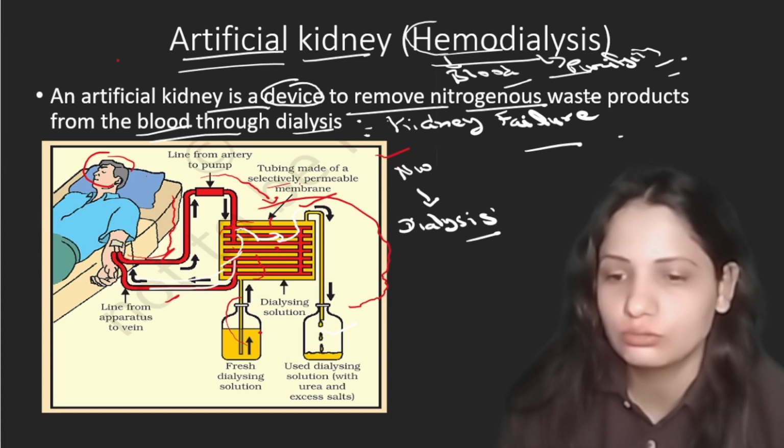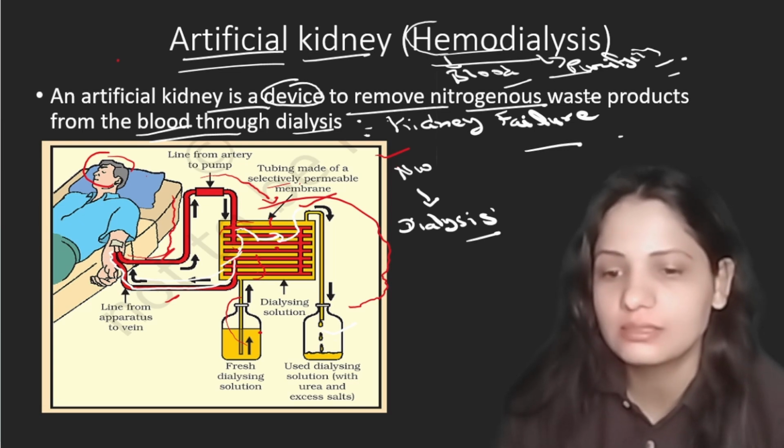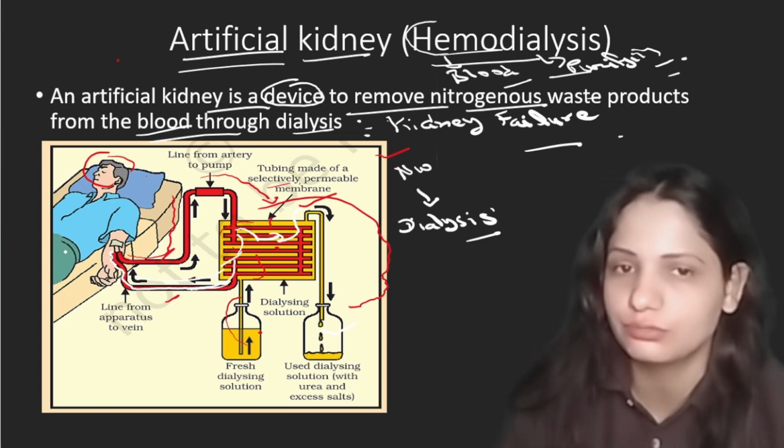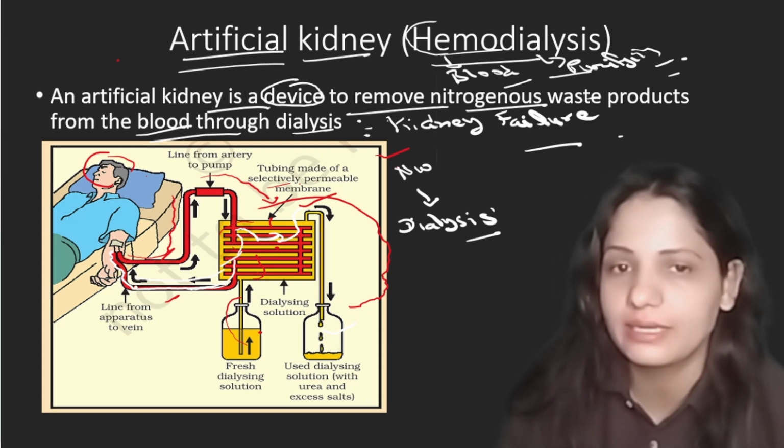This is the tube which is connected to the radial vein of the patient, and the filtered, purified blood is transferred back to the body of the patient through this tube-like structure.